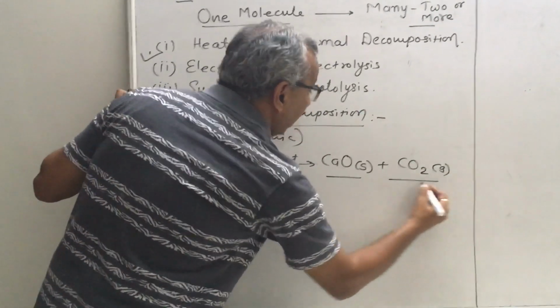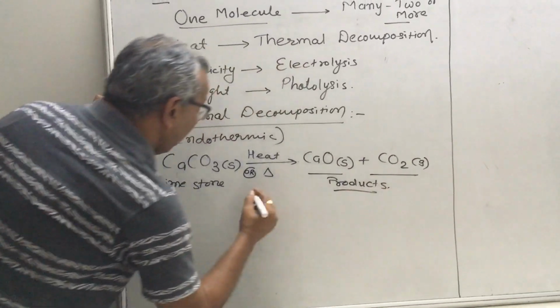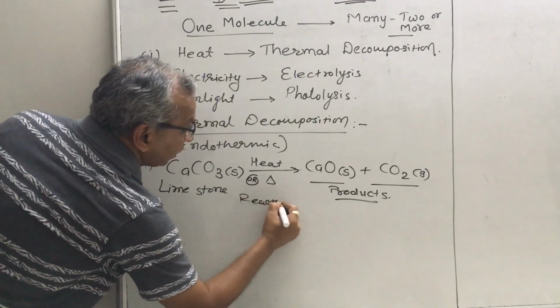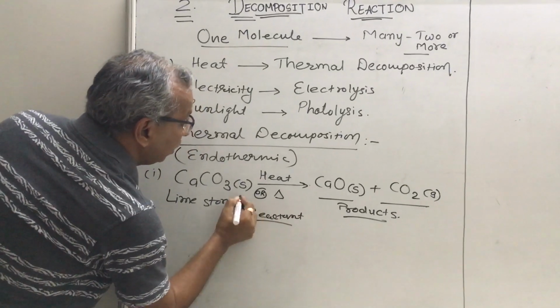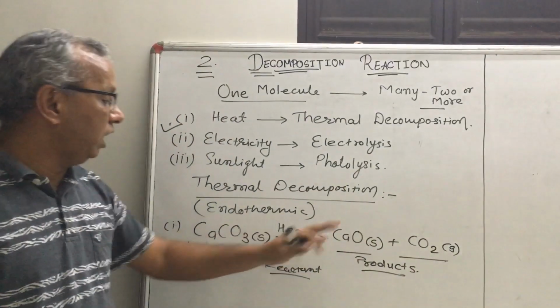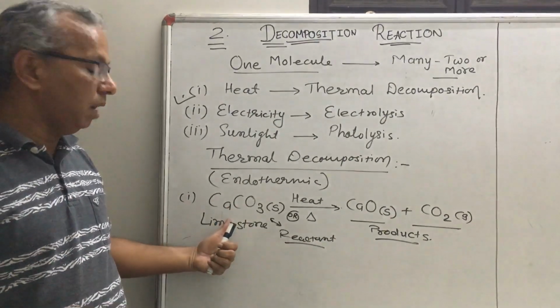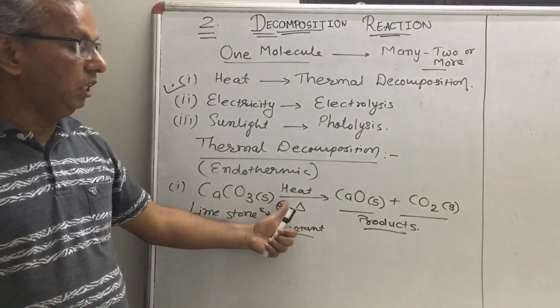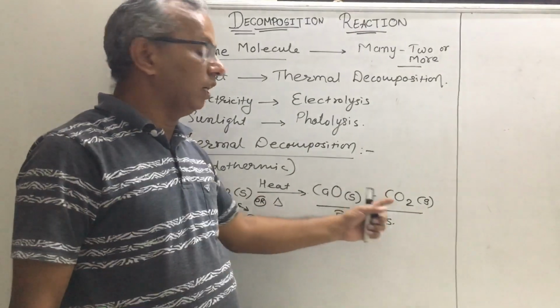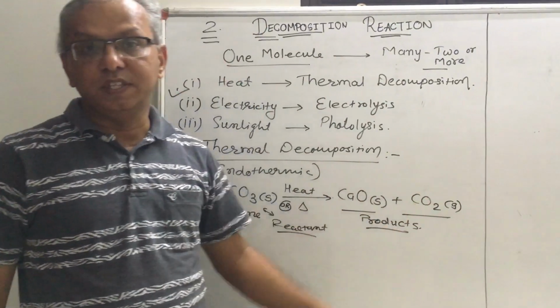These two products are obtained from one reactant. So one reactant is divided into two products. That's why it is called a decomposition reaction. When calcium carbonate, limestone, is heated, calcium oxide and carbon dioxide are obtained. They are in different physical states.